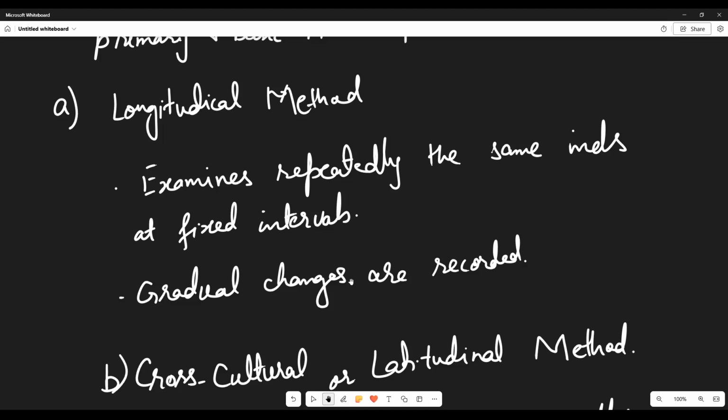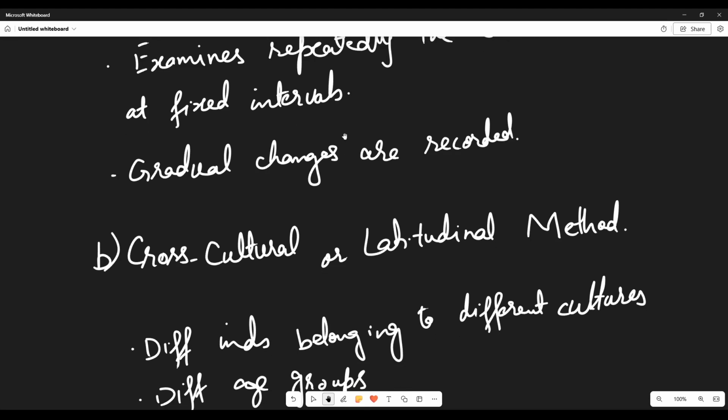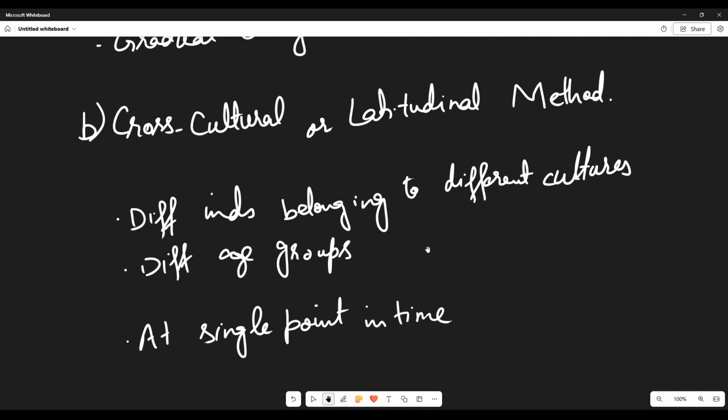A famous biologist, Charles Darwin, used this method to examine the development of children. An example is that this method is used to examine the changes in emotional expressions of some individuals starting from adolescence to adulthood.